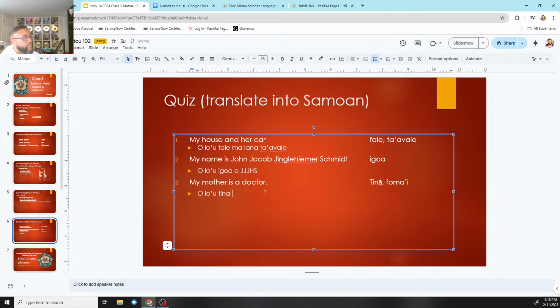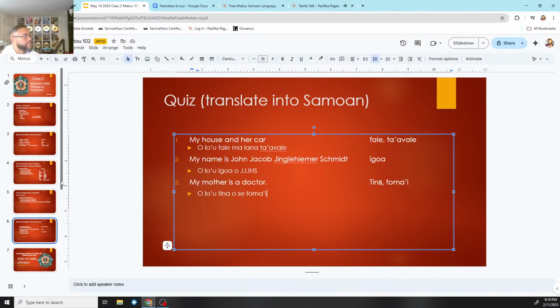And then we just want to connect the other one, a doctor. How do we say a doctor? O se fomai. O lo'u tina o se fomai. All right, so that's all it really is to it. So do those exercises. We only have 10 minutes.